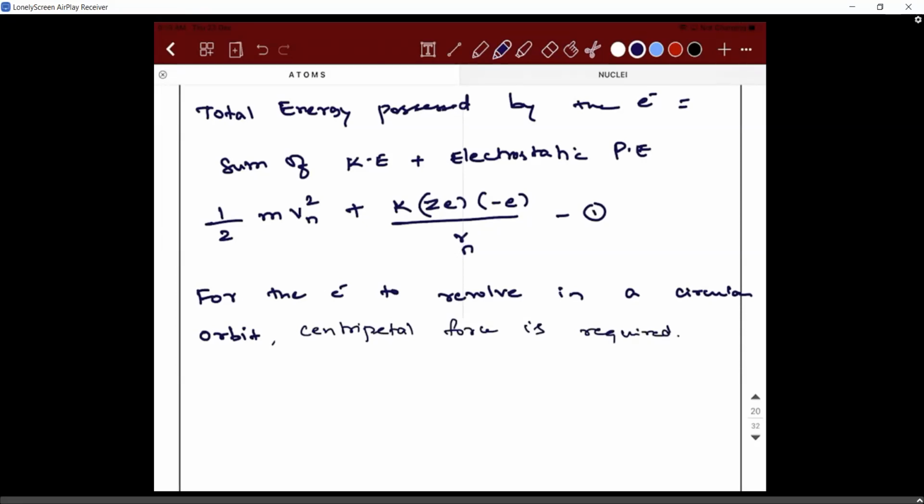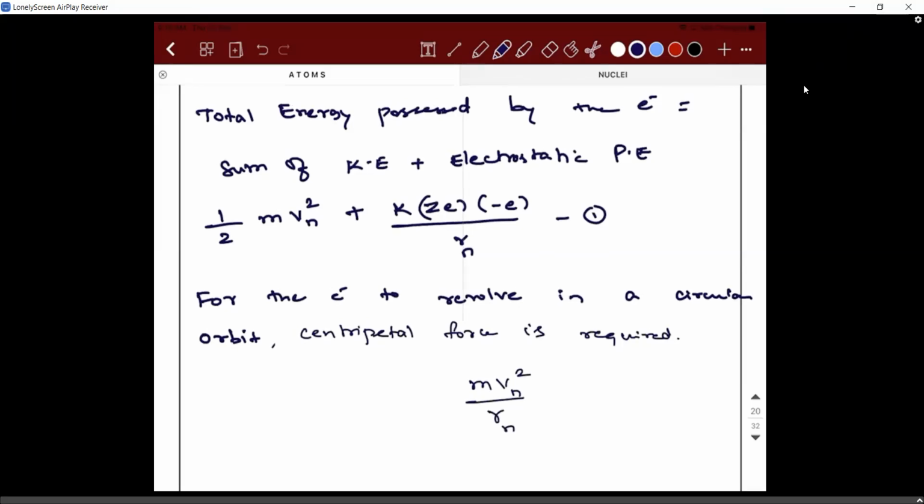That is m Vn square divided by Rn. This is provided by whom? So m Vn square divided by Rn is provided by which force? It is provided by the electrostatic force. So K Z e into e divided by Rn square.